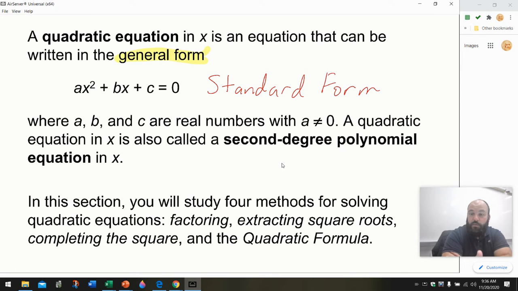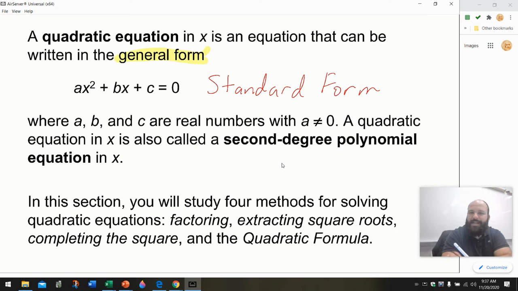It is literally the only book that I've ever seen that does. Everywhere else, whether in high school or in any of the studying I've done, it is called standard form. So you will hear me call this standard form, but just be aware that if the directions say to put something in general form, this is what they mean.